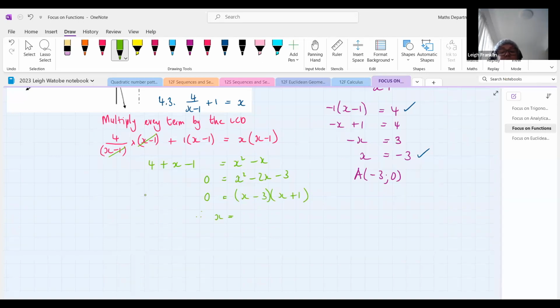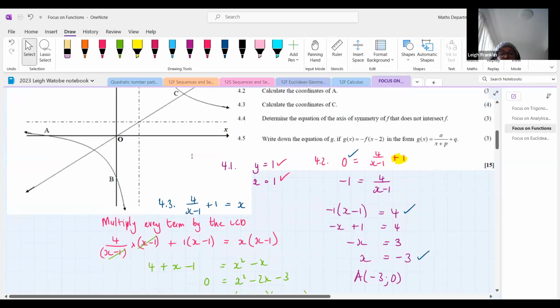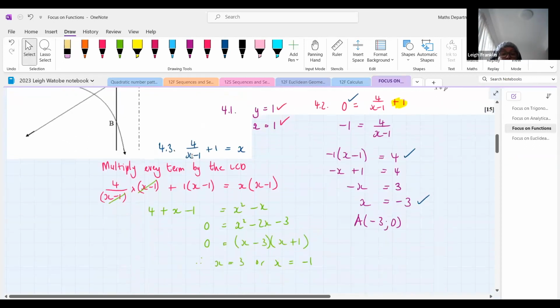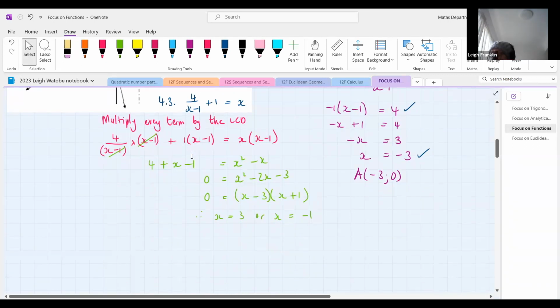Either x is equal to 3 or x is equal to negative 1. Okay, so any questions about what I've done here before I finish off this question? Everybody happy with that? Yes, cool. We're all good.